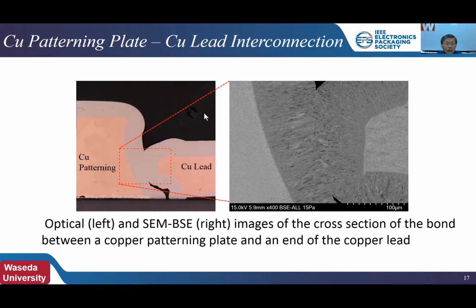The bond is also formed mostly by the columnar growth of nickel deposition, as shown in the right SEM back scattering images.